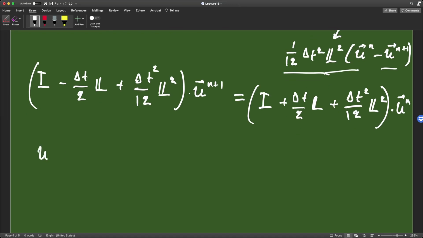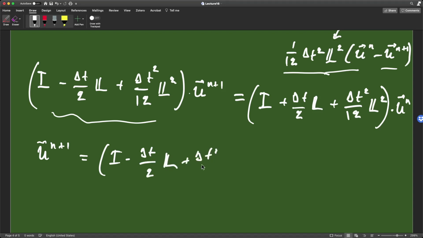So in the end, we can multiply both sides with the inverse of this matrix, and then the final result would look like this. So the unit matrix minus delta T over 2 L, so that will be the inverse of that matrix dotted onto this matrix right here.